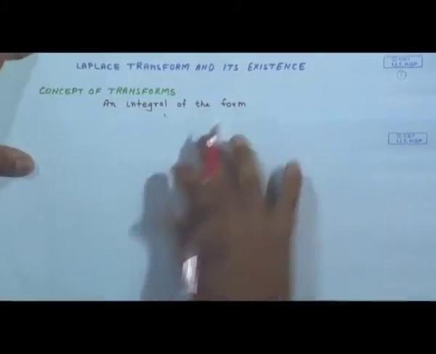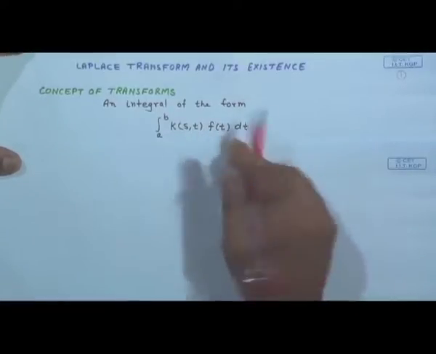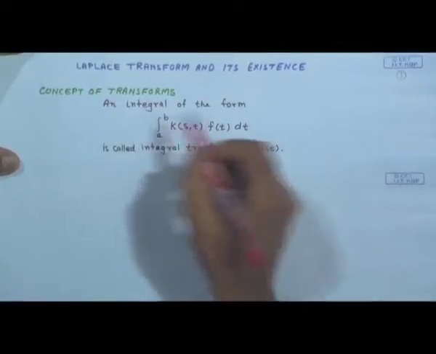An integral of the form integral from a to b of k(s,t) f(t) dt is called an integral transform of f(t).